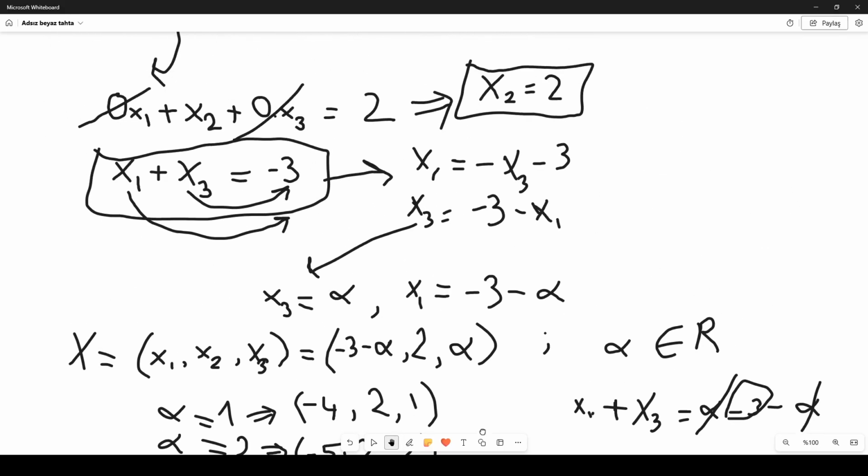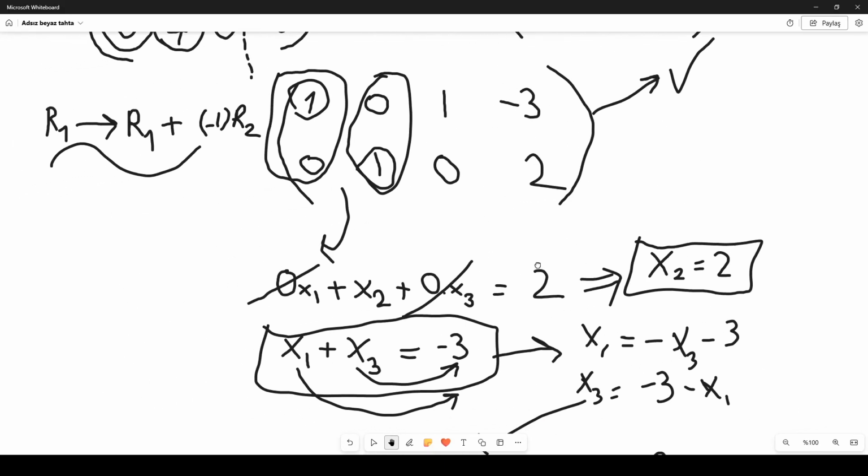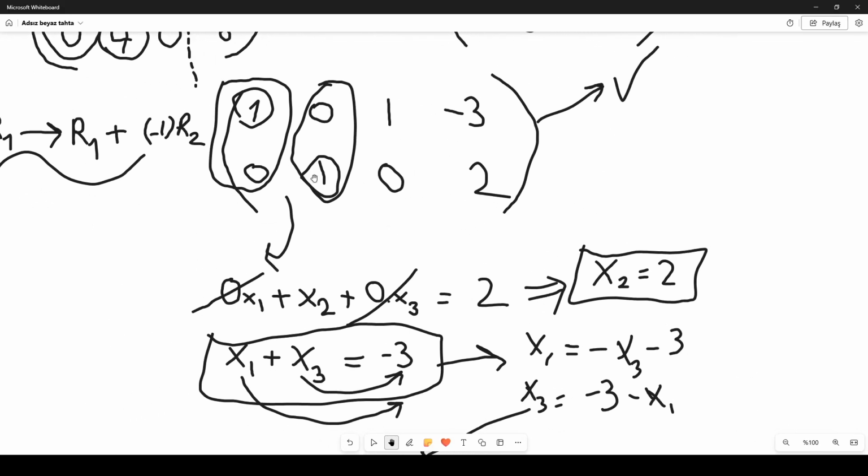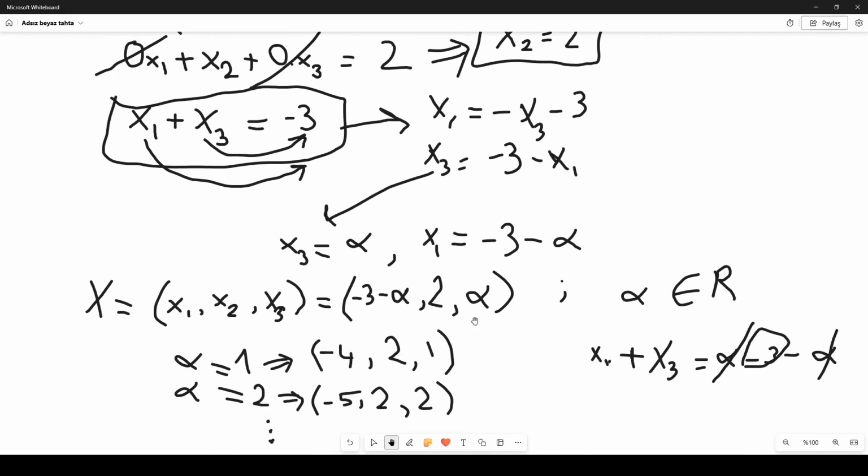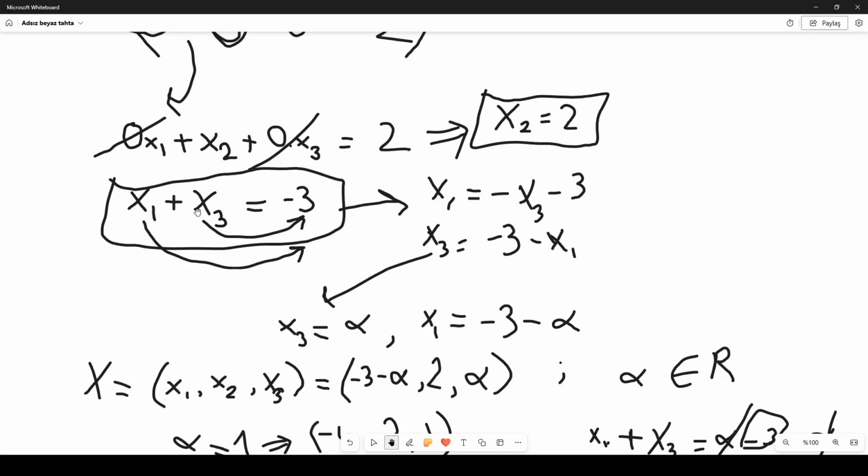Well, how do I understand that? After I am done with the elimination process, as we notice, not all the unknown variables' coefficients are cancelled out. We have something like x1 plus x3 is equal to minus 3 and no other constraint.